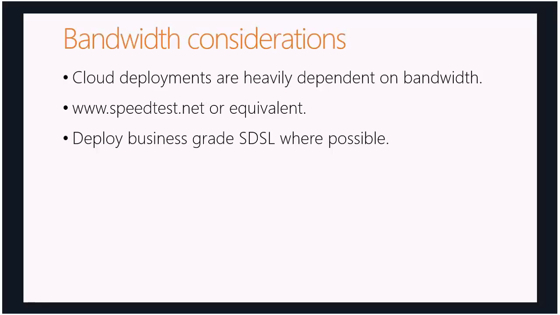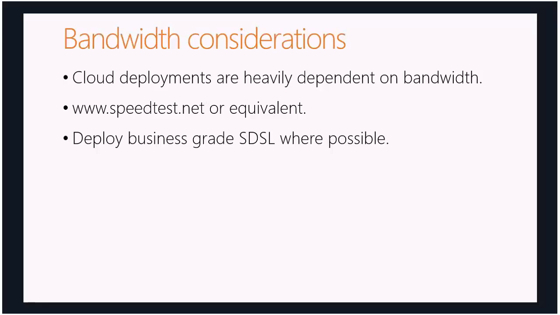Now, the reason you want to go to a business grade is that we get less contention, and we also get better support. In general, it's a much better option. If your clients are moving to cloud, their initial consideration is generally around cost, but it's important to understand that the dependency on the broadband means that some part of the savings made by moving equipment into the cloud needs to be redeployed into a better internet connection.